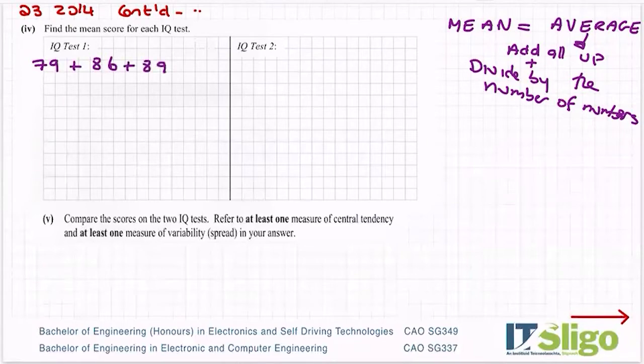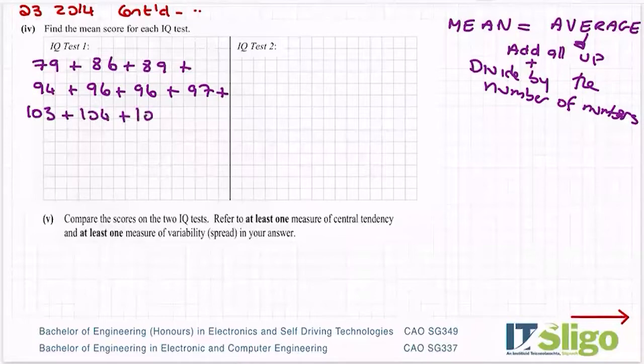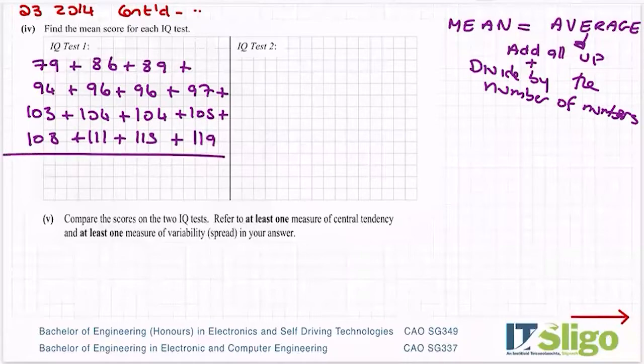Okay, so 89 plus 94 plus 96 plus 96 plus 97 plus 103 plus 104 plus 104 again plus 105 plus 108 plus 111 plus 115 plus 119, all divided by 15 numbers.